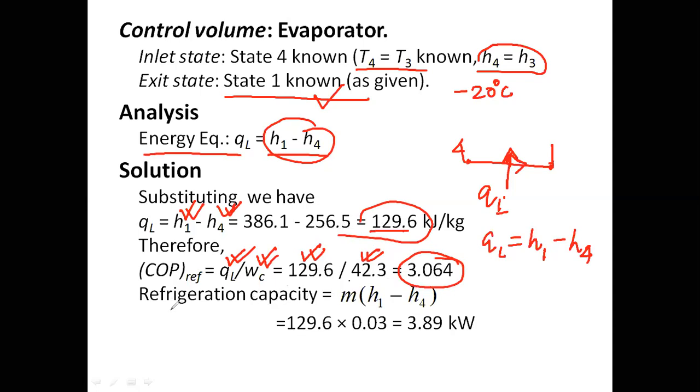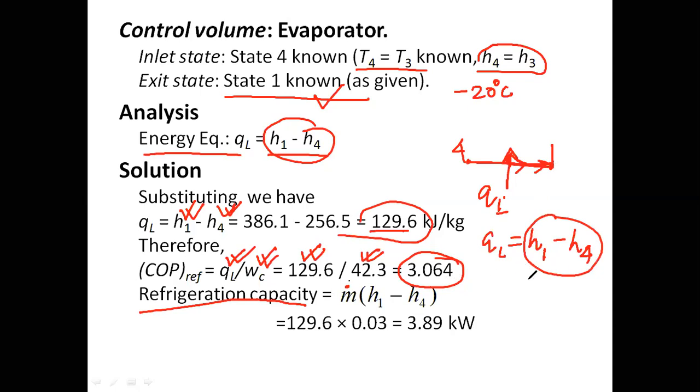Now what is the refrigeration capacity? The refrigeration capacity of a refrigerator is m dot into H1 minus H4. H1 minus H4 is the heat absorbed per unit mass in the evaporator process, as we have just seen.